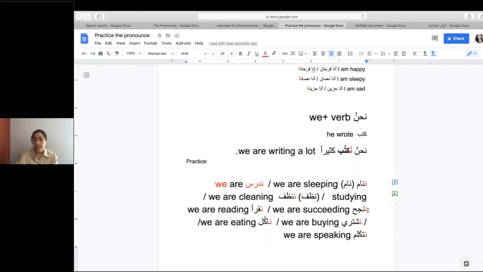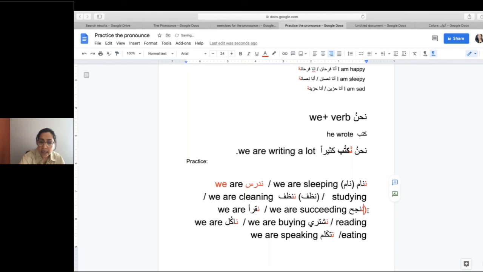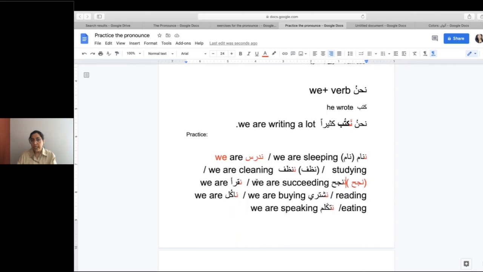And here the verb, it is نجح. And you add your noon, and it looks like ننجح. Do you understand what I'm talking about here, guys? Is it clear?